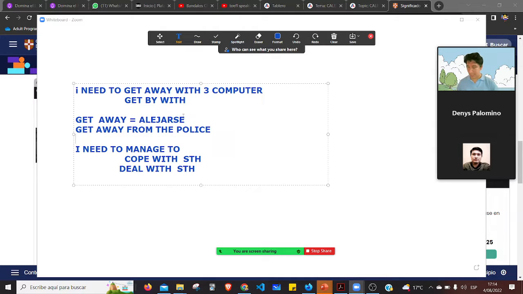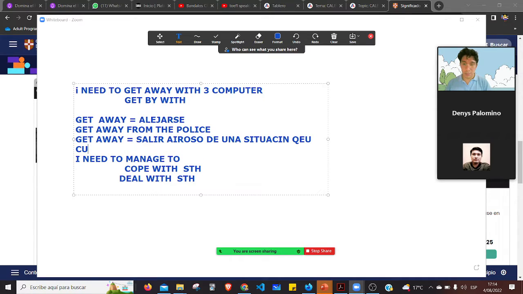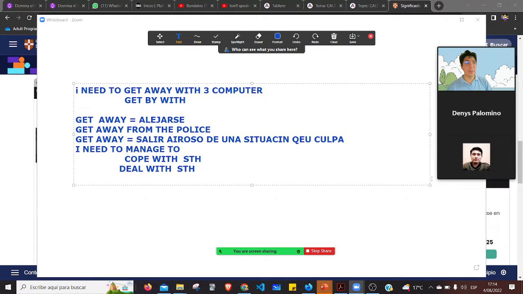También get away viene a ser salir airoso de una situación de culpa. Por ejemplo, imagínate que denuncian a Pepito porque robó. Pero Pepito se libró de la condena, ¿cierto? Salió airoso, salió libre de culpa. He got away. Did you understand? He got away. Yes.